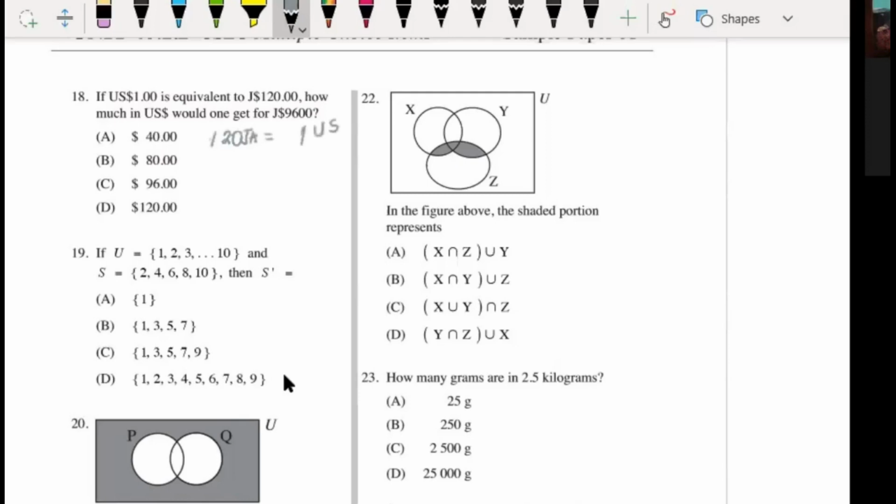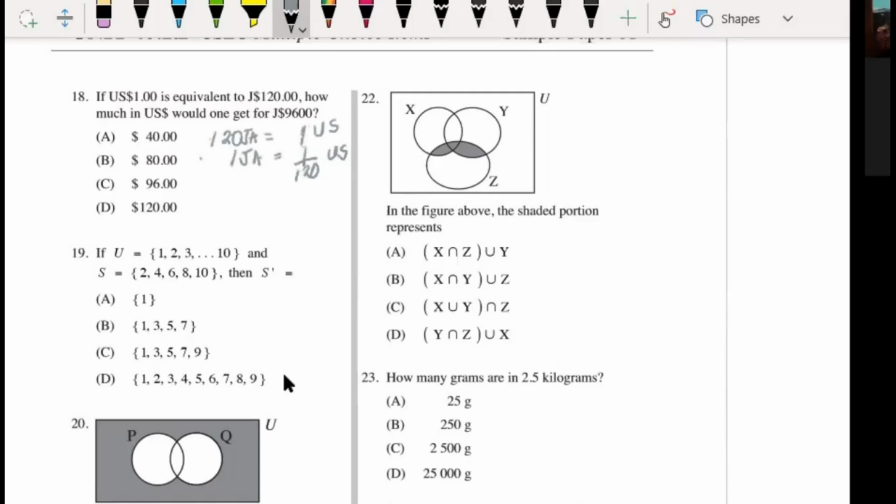Therefore, 1 JA equals 1 over 120 of a US dollar. Sounds weird to say that, but that's what it is.